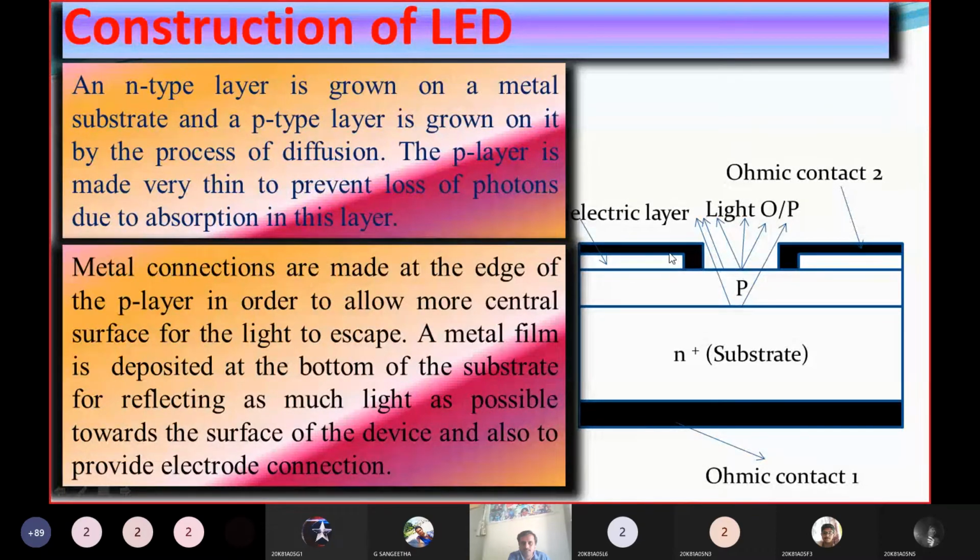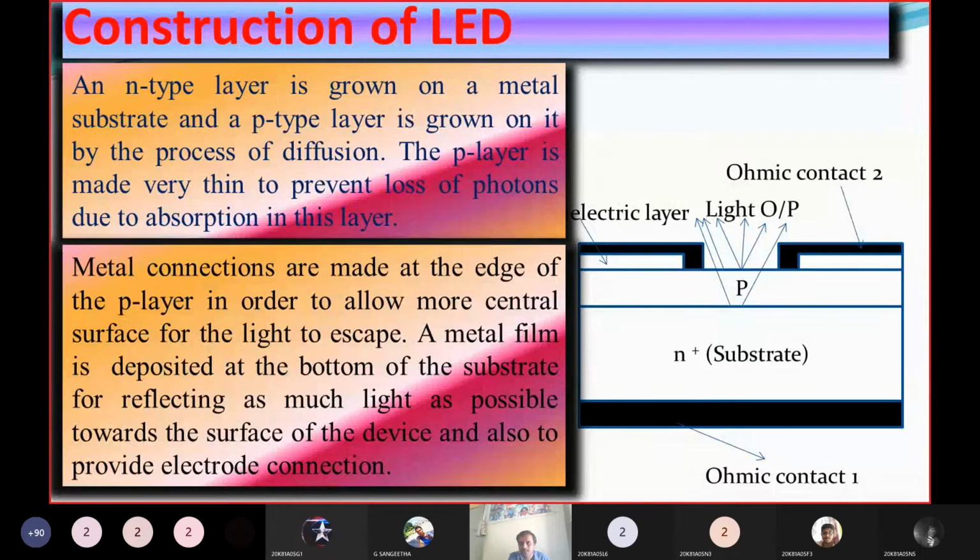We have to connect in forward bias and reverse bias, so for that we have to connect the battery terminals. That's why we need some metal contact here, to supply the voltage.